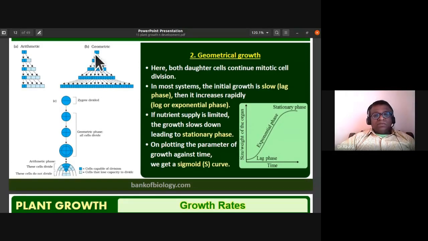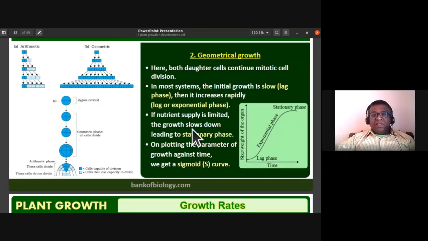So in most systems, the initial growth is the lag phase, very slow. Then it increases rapidly, and that increased stage we call the log or exponential phase. If the nutrient supply is limited, the growth slows down, leading to a stationary phase.